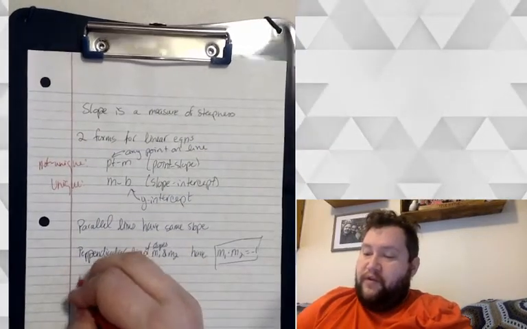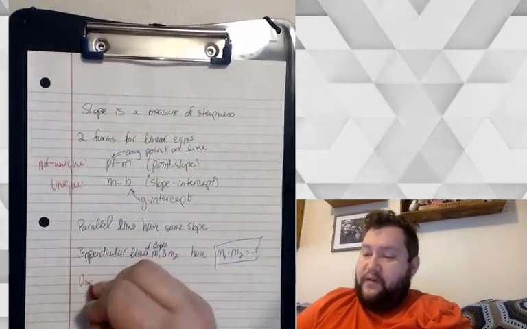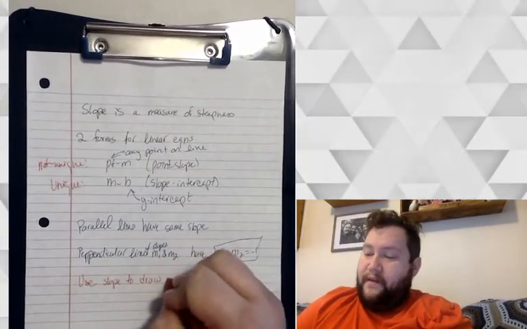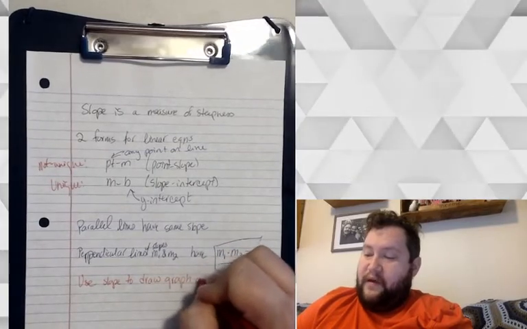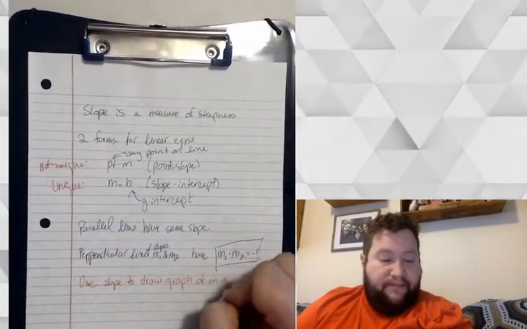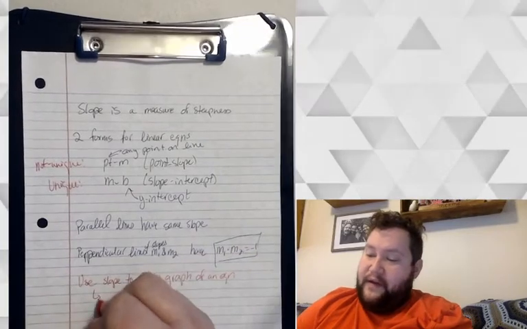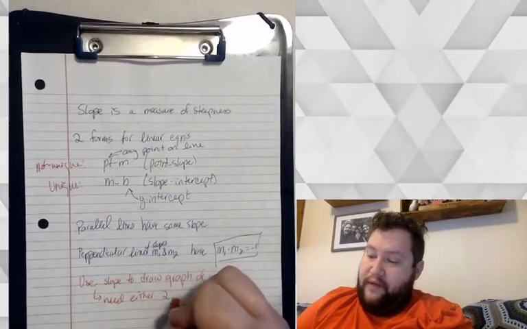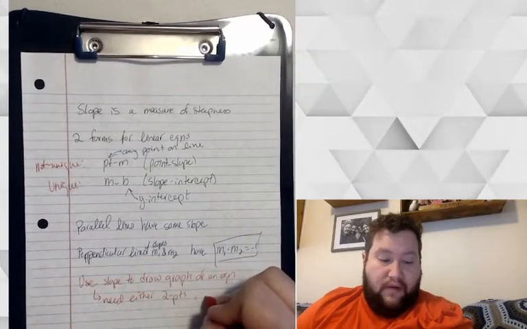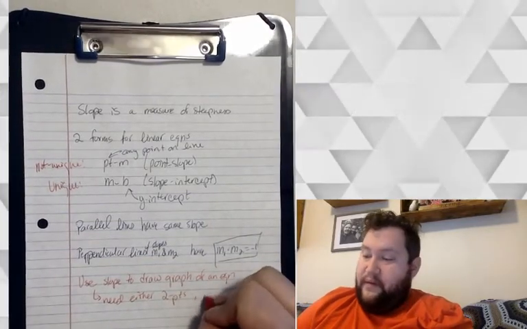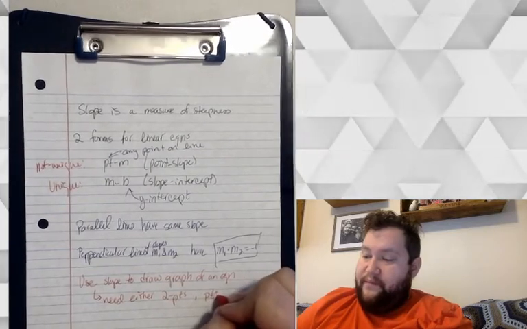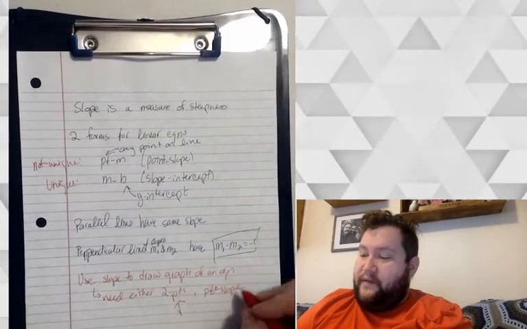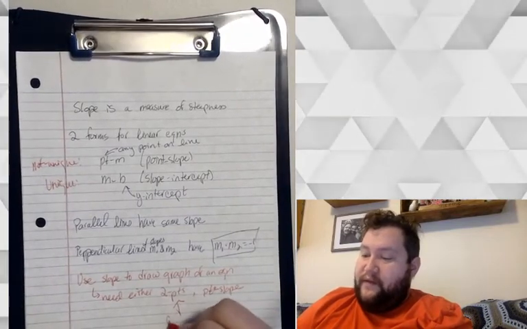We can use slope to draw the graph of an equation. And we need either 2 points, or if we have point slope, right here, 2 points, we can find slope.